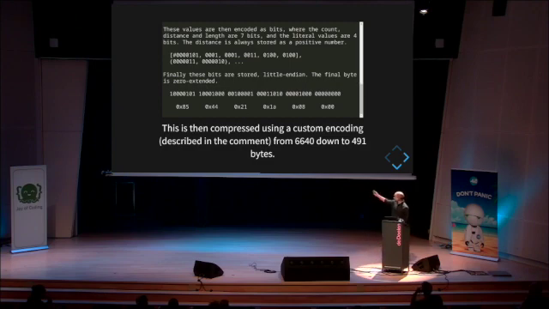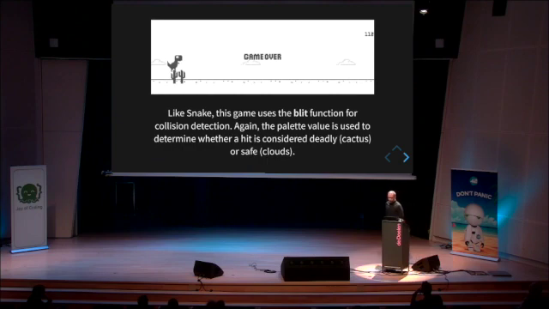And you can see, yeah, it reduced it from 6,600 bytes, way too big, to 491, much better. And like Snake, this one actually uses the blit function to determine whether or not you collide. So this way, you do collide with the cactus, but you don't collide with, say, the clouds in the background there, because no, you can't collide with the clouds. Those are way far away.